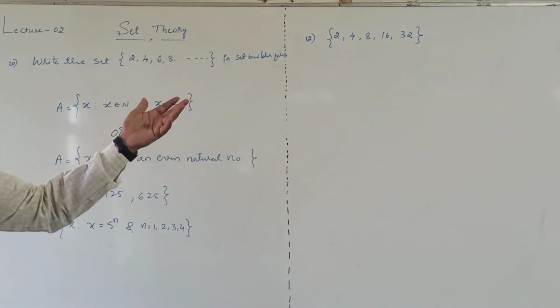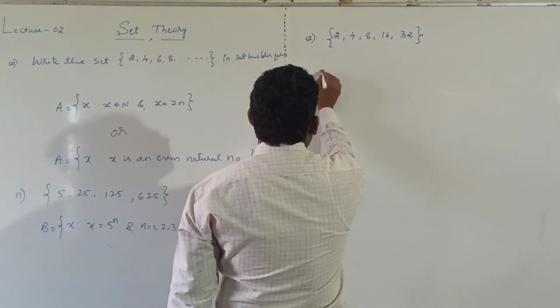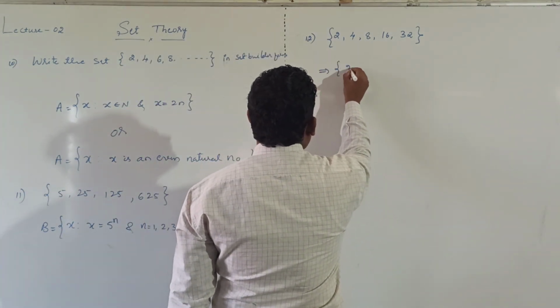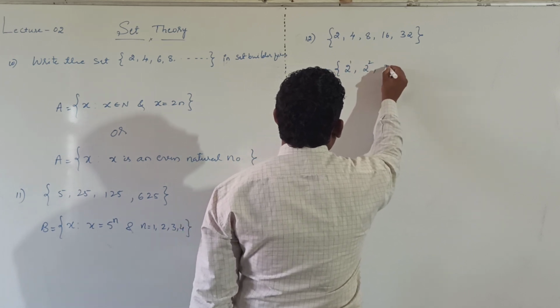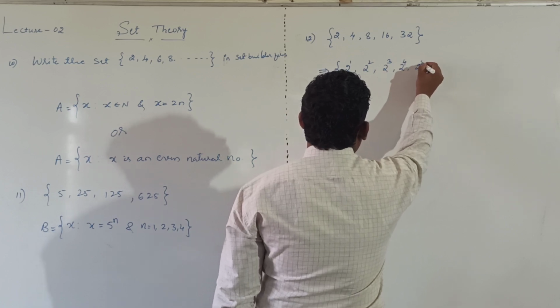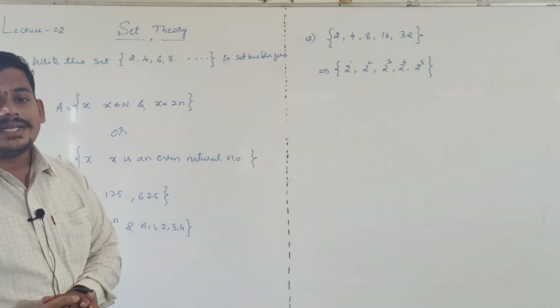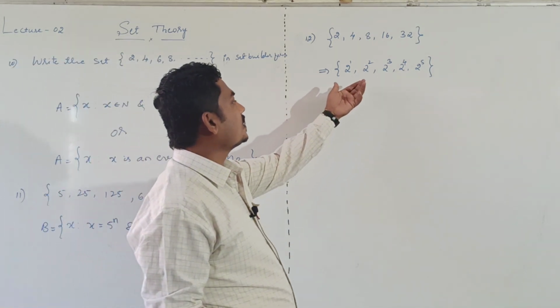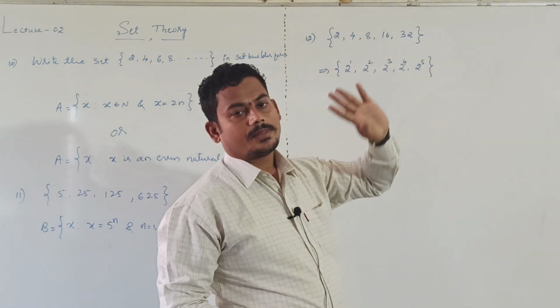This is the roster form they have given. I will rewrite the given set. Clearly it is 2 power 1, 2 power 2, 2 power 3, 2 power 4 and 2 power 5. Clearly each element is a power of 2.